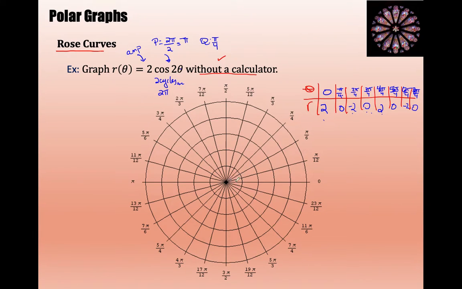Right, I go out to a radius of 2, 0, right? Theta is 0. Go out to a radius of 0 and rotate pi over 4. Go out to a radius of negative 2. 1, 2, and rotate pi over 2.